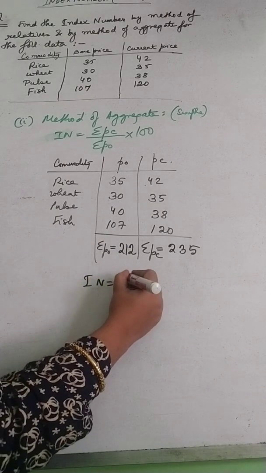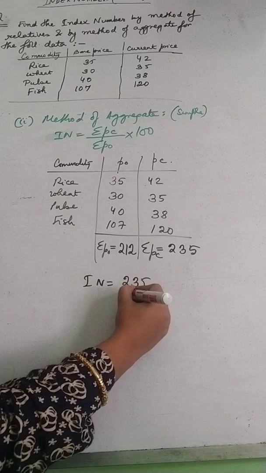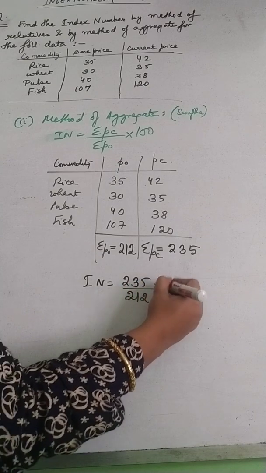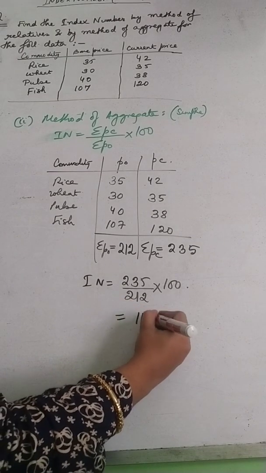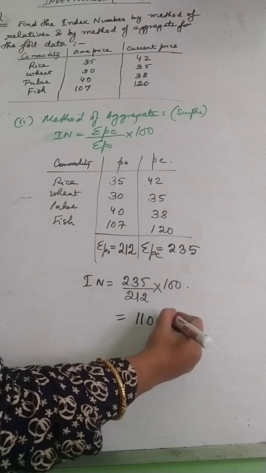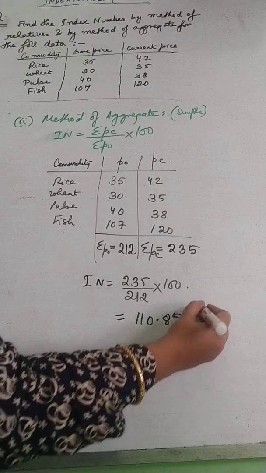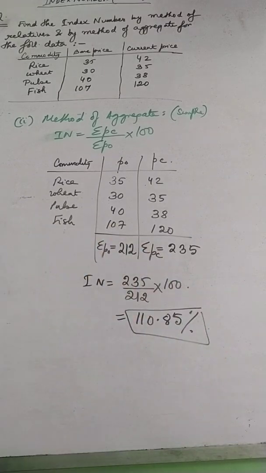IN is equal to 235 by 212 into 100. So how much is the value coming to? It will come to 110.85. Check and see whether you are getting this or not. Okay, it's 110.85.